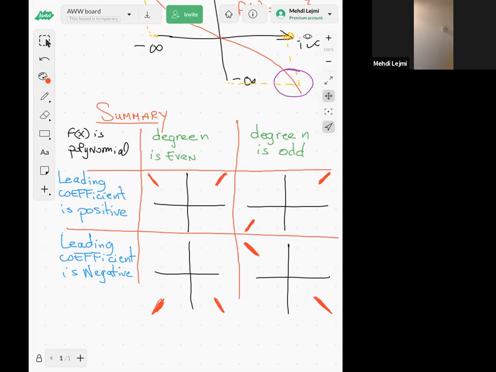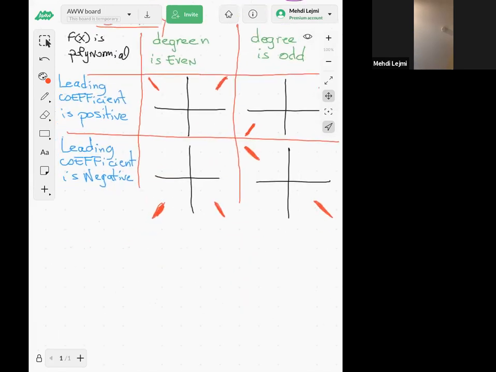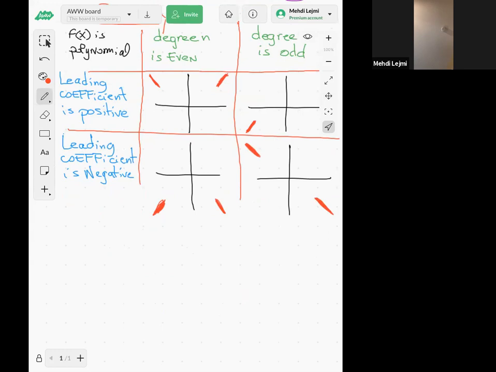So next, guys, that's for the behavior at infinity. Next, as I said, we're gonna study the zeros or the x-intercepts. So we call x-intercepts zeros or roots of polynomials.